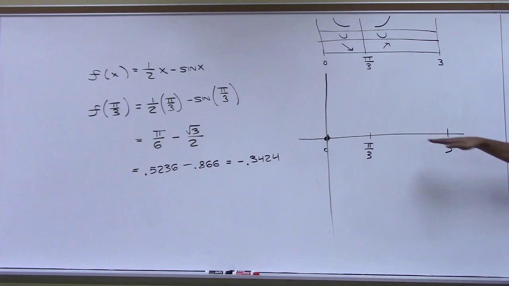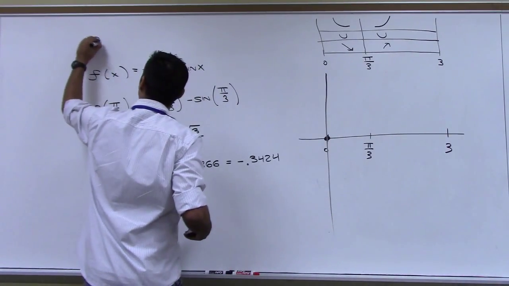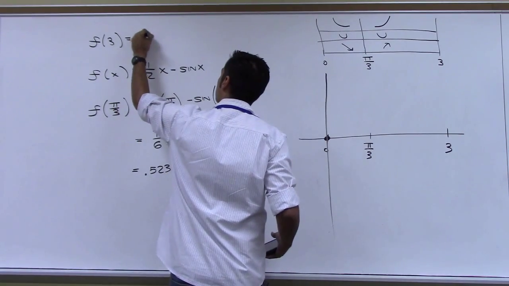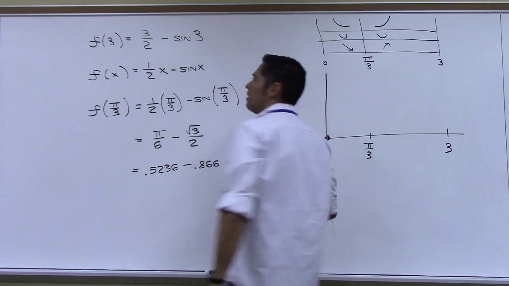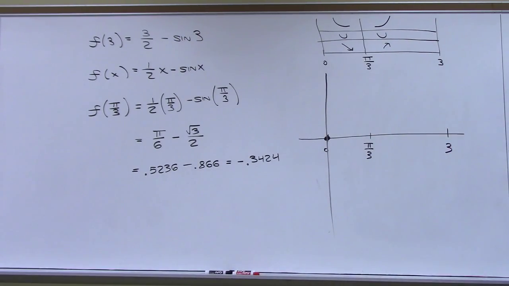Now, before I actually plot this, I'm going to figure out what happens at 3 because I want to know where that is. So let's do f of 3 also. This will be 1/2 times 3, which is 3/2, minus sine of 3. So you see, that's not a common angle, so you've got to get your calculator out. 3, take sine.